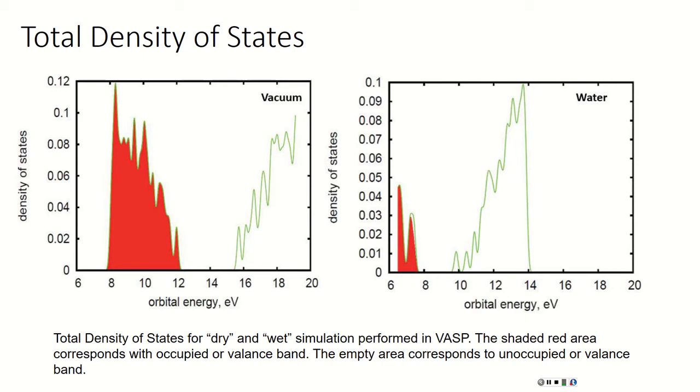So vacuum is epoxy. It'll be interesting to see if that is indeed the case if I were to run water by itself and calculate the binding energies of the epoxy-water conjugation. So it looks like it's stabilizing with the effect of water. So it could be that it's relaxing with it.